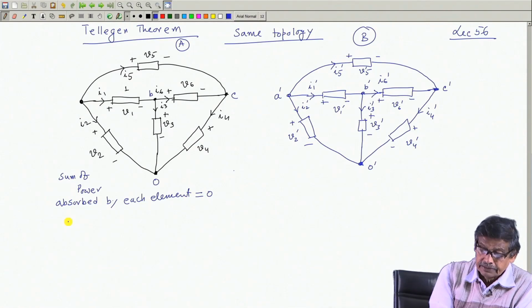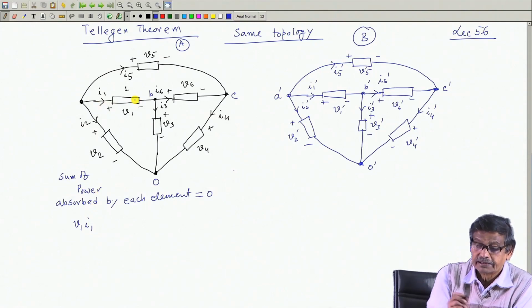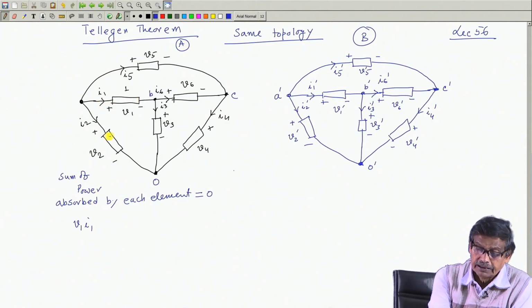What is that? Power absorbed by element 1 is V 1 I 1. So, plus, the current is entering. Is element 2 absorbing power based on the voltage polarity and the current direction? Yes, it absorbs. So, plus V 2 I 2.